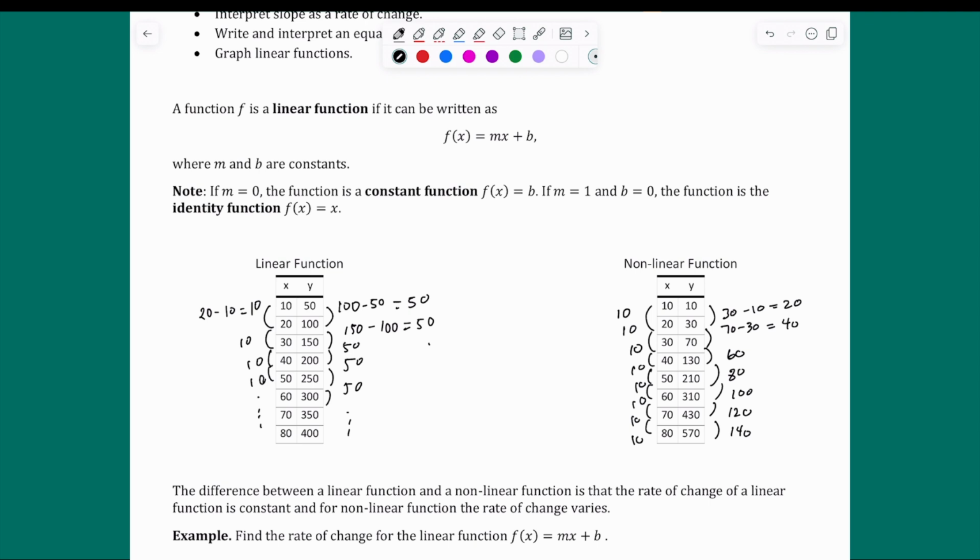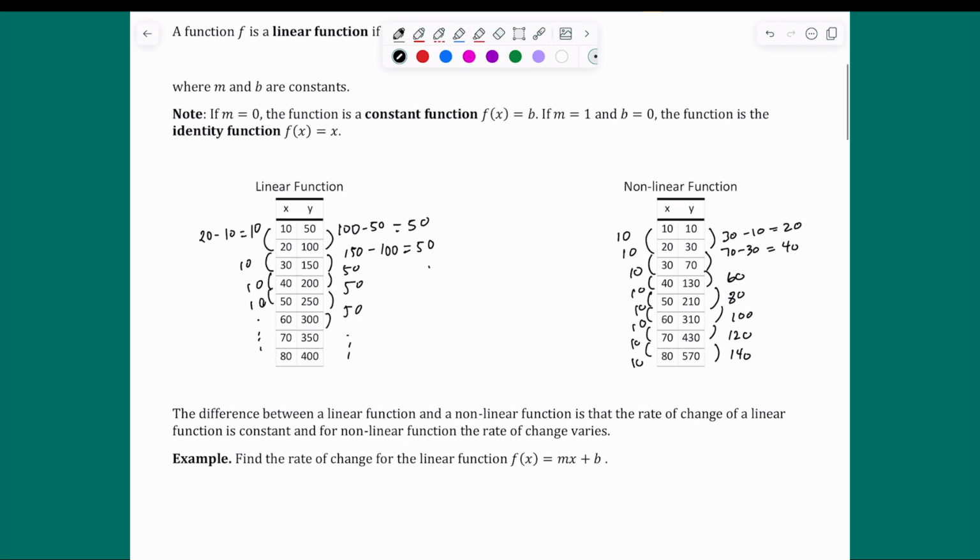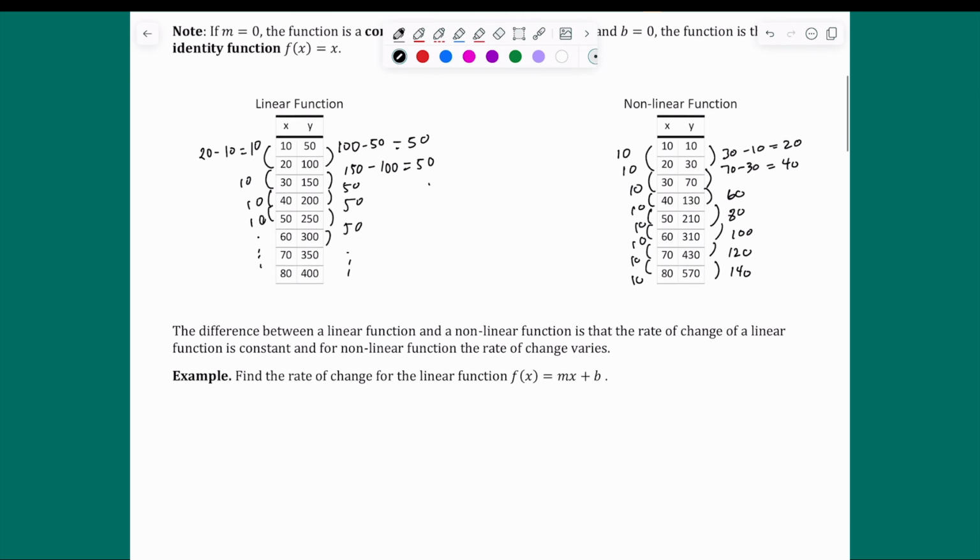Okay, and so that basically is the difference between a linear function and a nonlinear function: the rate of change of a linear function is constant, and for a nonlinear function, the rate of change varies. I didn't actually compute the rate of change, but you can see that happening if you actually do the division.